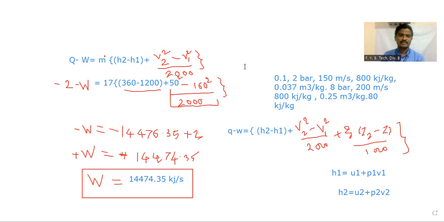I will mention the answer here: W is equal to minus 121.938 kilojoule per kg. This is the final answer.